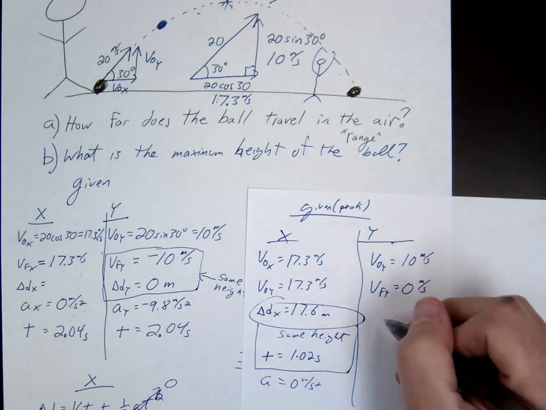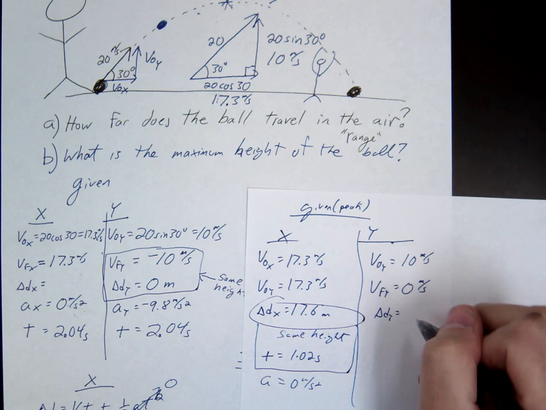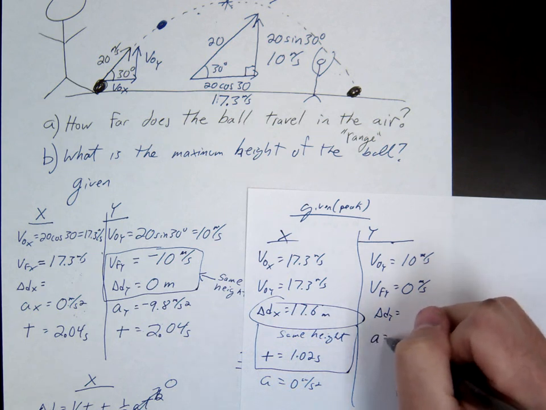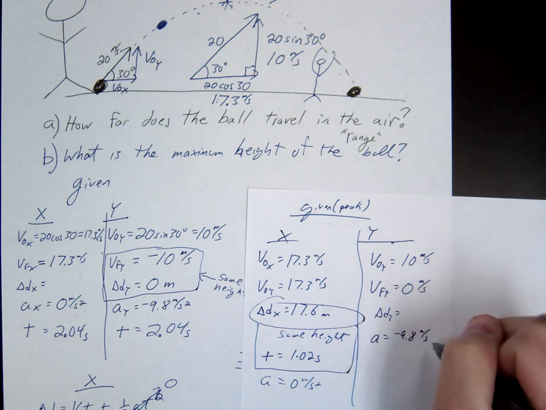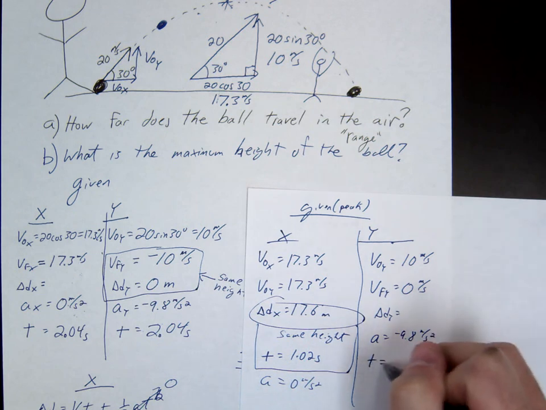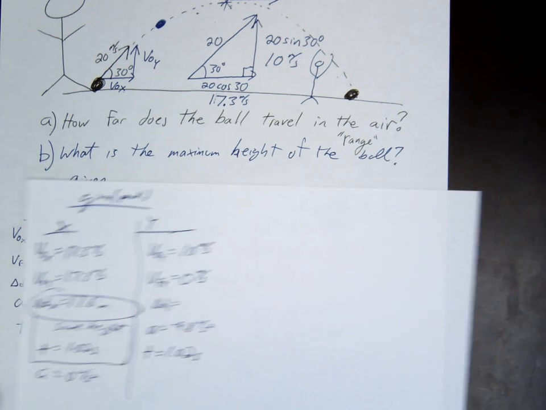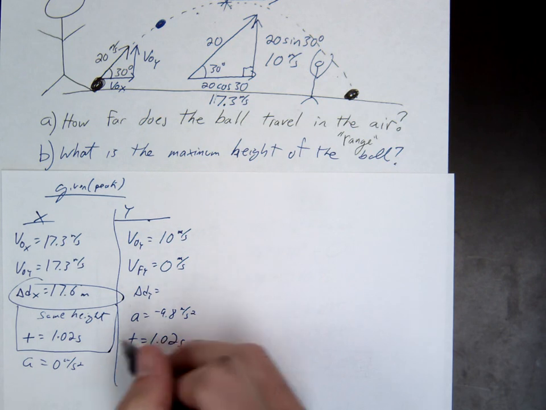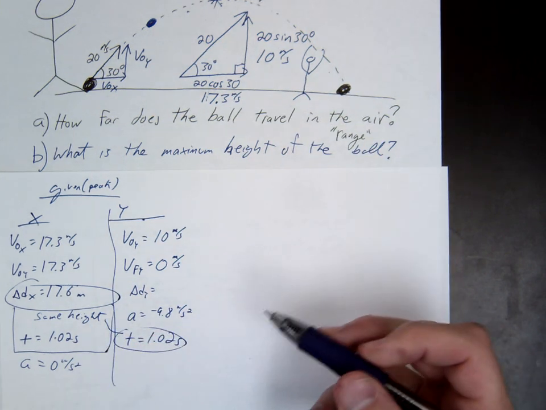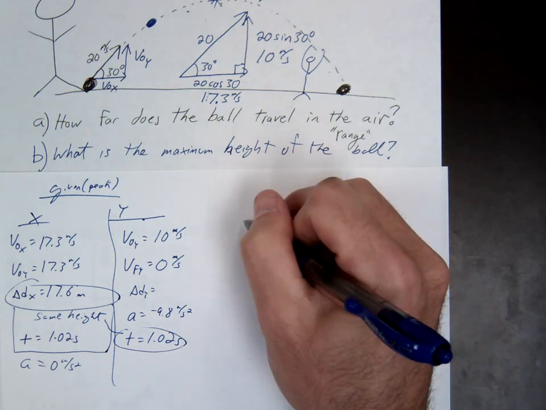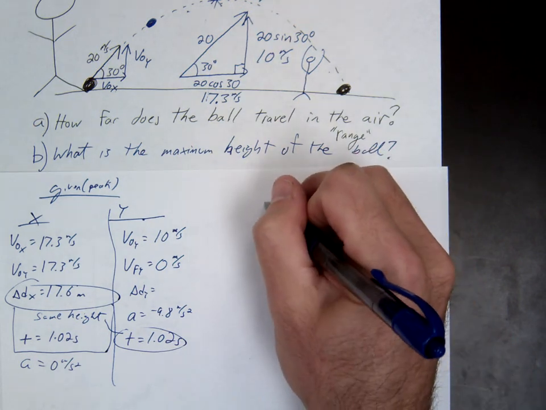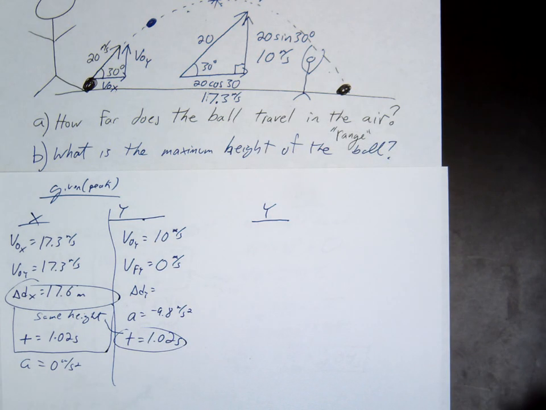Okay, what about delta dy? So we're looking for that. What about a? And what about t? Half. Okay, it's going to be half again, 1.02. And again, this is only true because of that same height. All right, we should have enough. We've got 4 things. We're just looking for delta d. Why don't you guys find it for me? But why don't you guys do it without time?